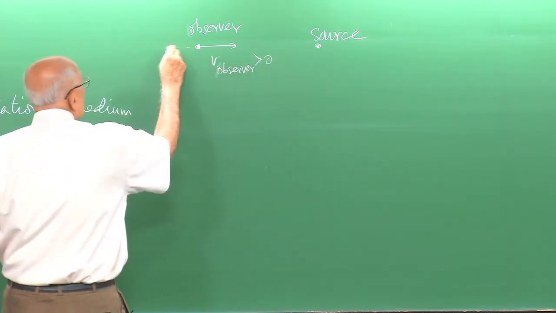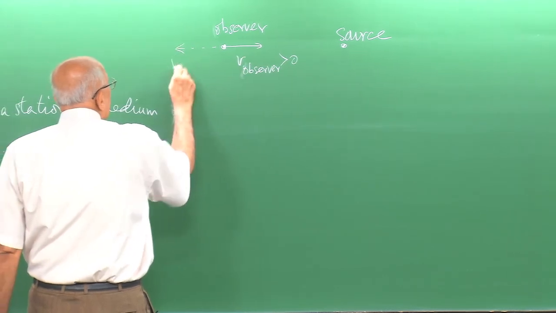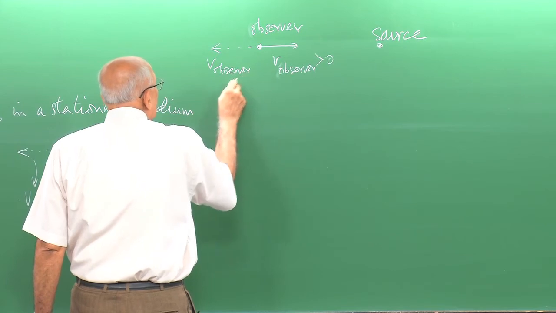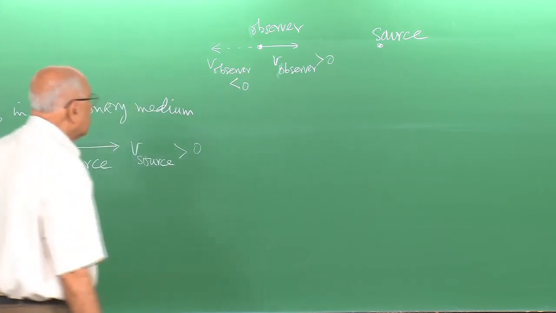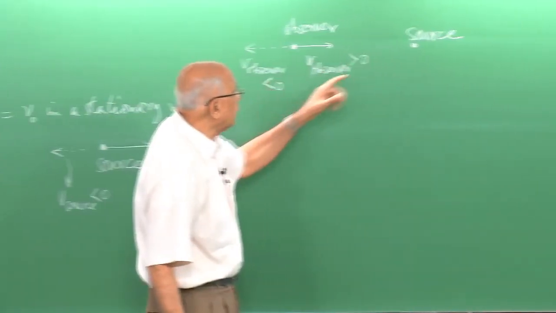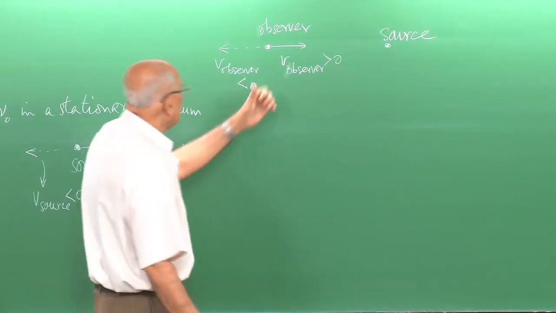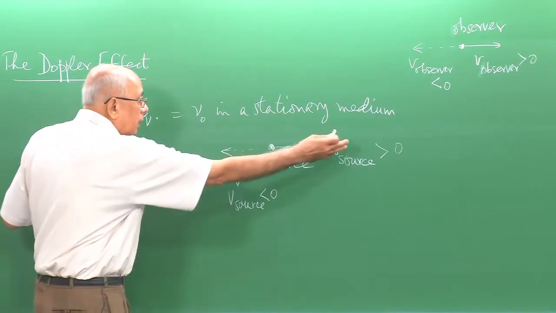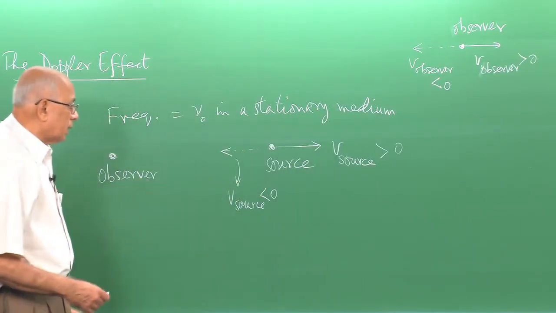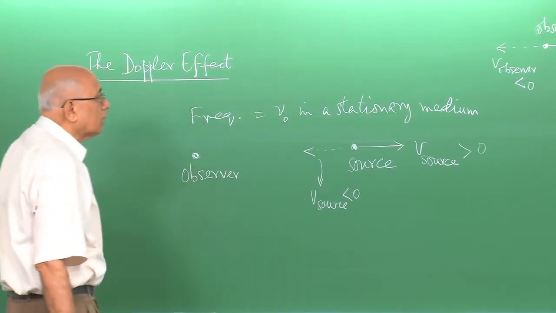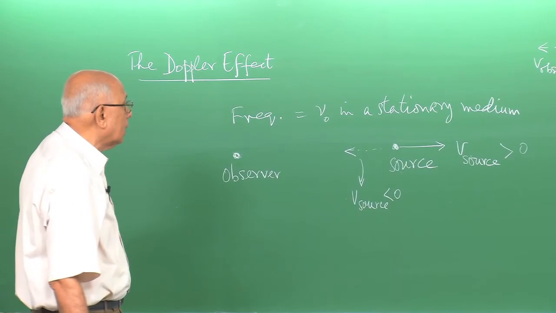On the other hand, if he moves away in this direction, V observer is less than 0 in this case. So, the convention is clear. When the observer moves towards the source, V observer I take to be positive, moves away it is negative, whereas in the case of the source moves away it is positive, moves towards it is negative. So, this picture makes it quite clear as to what our conventions for the signs of these velocities are.